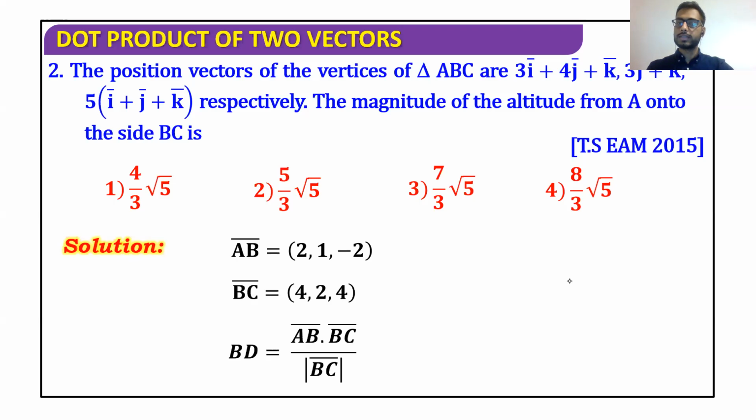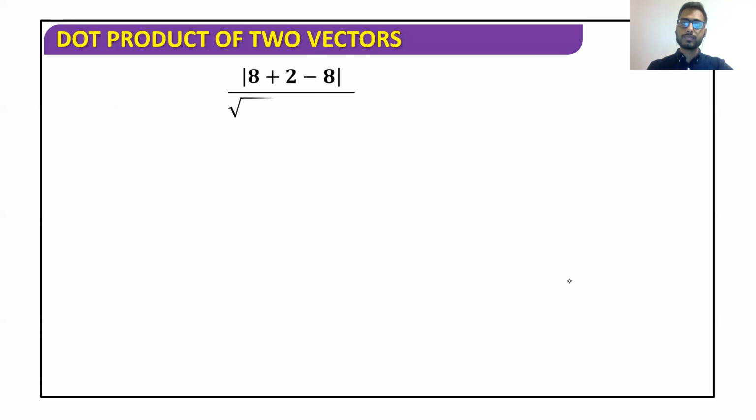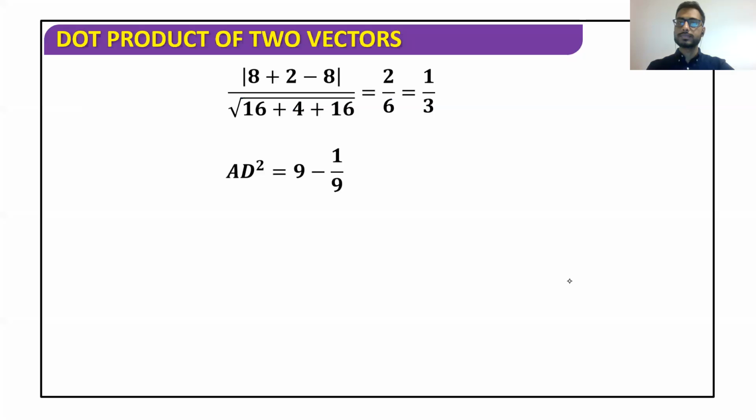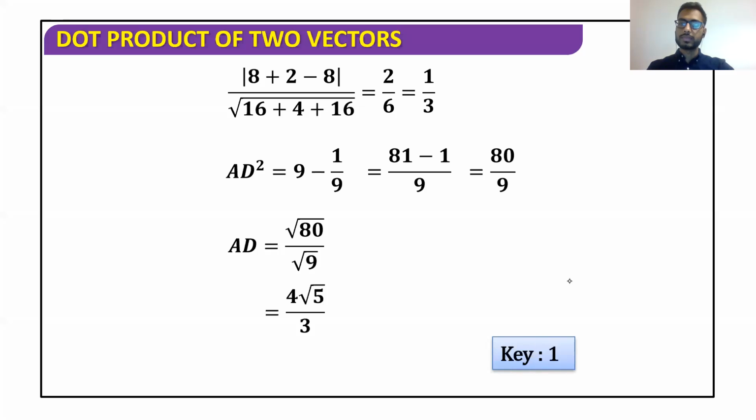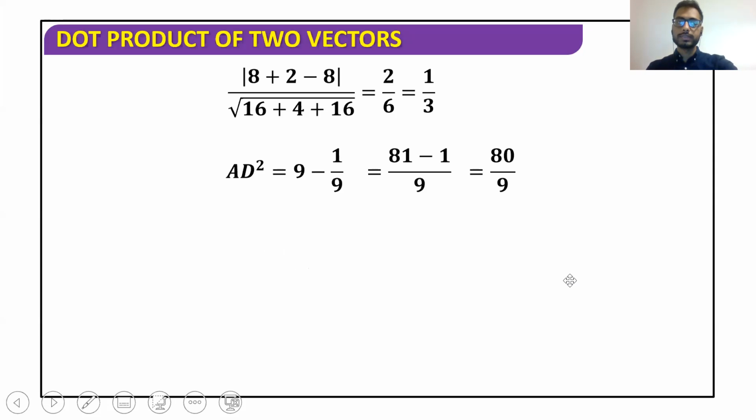So if AB is under root 9, AB square is equal to 9. And we have found out the value of BD. BD is 1 by 3. Therefore, BD square is equal to 1 by 9. Therefore, AD square is equal to 9 minus 1 by 9. Simplifying, I get my answer. So, type in if there is any doubt in this particular question.